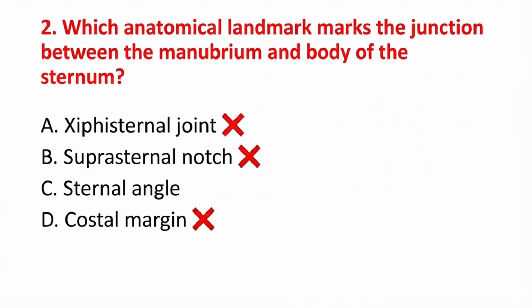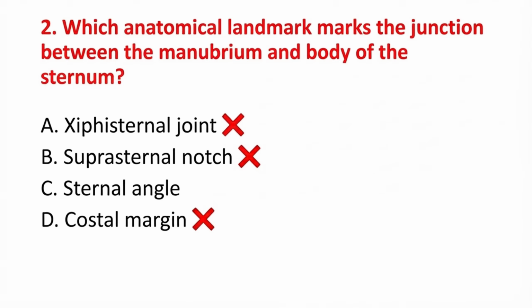Option B, the suprasternal notch, is also incorrect because it is the depression at the superior border of the manubrium between the clavicles. Option D, the costal margin, is also incorrect because it is the lower border of the thoracic cage, formed mainly by the costal cartilages of the lower ribs.